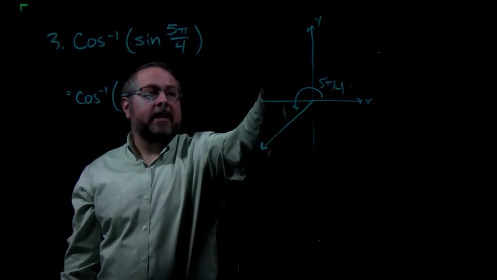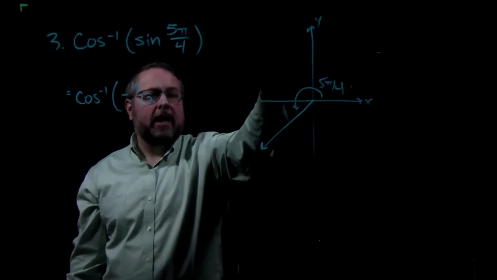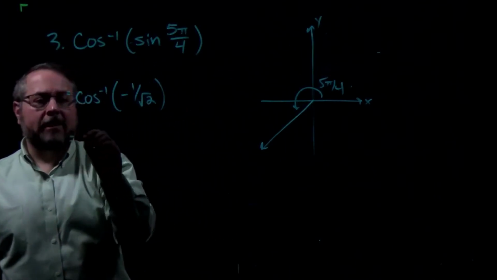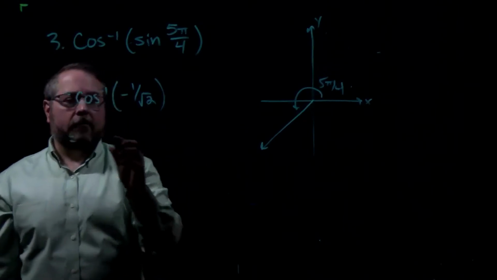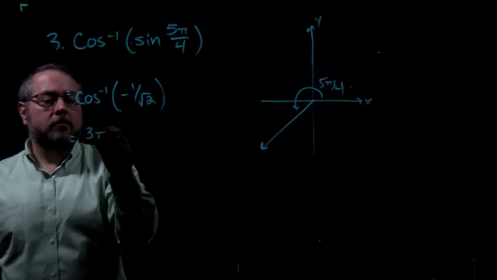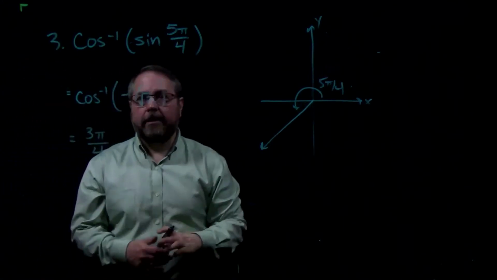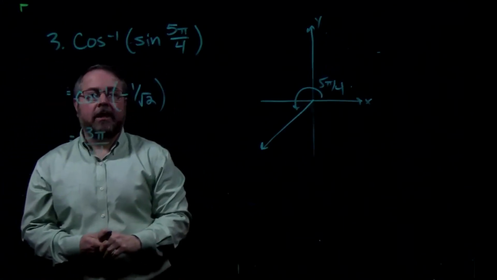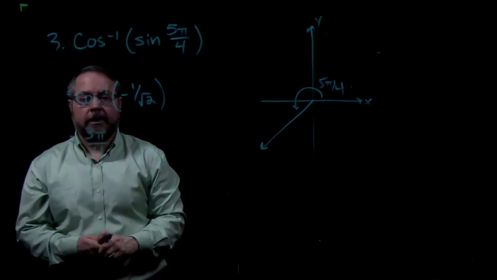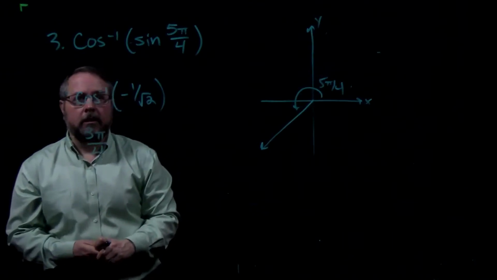So that puts us in the second quadrant between pi over 2 and pi, and the reference angle has to be pi over 4. And therefore, the inverse cosine of negative 1 over square root of 2 is 3 pi over 4.